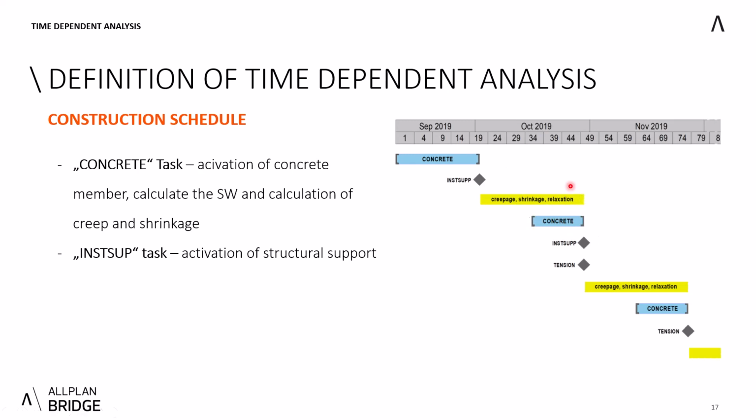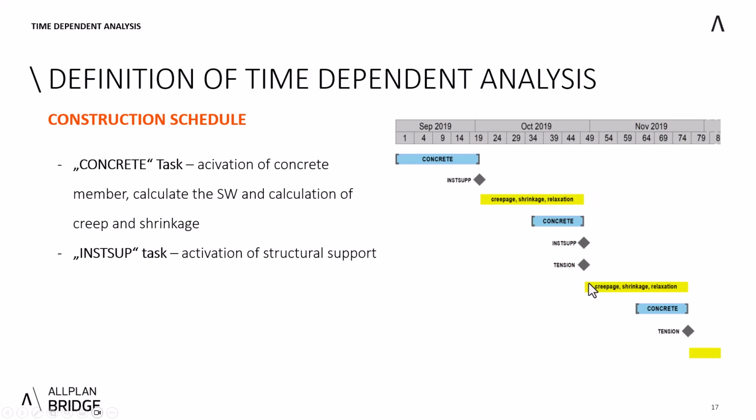And here we have another change in the structural system because we decided to activate another element. We have activated additional supports and we have activated some pre-stressing tendons. And this is where we're going to see also in our results another creep and shrinkage load case, another creep step, because this is a relevant event that changes the calculation from this point forwards.